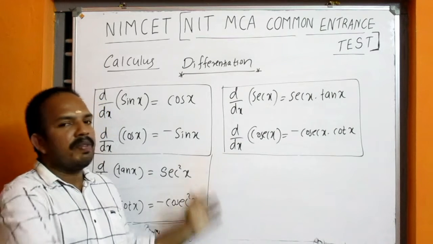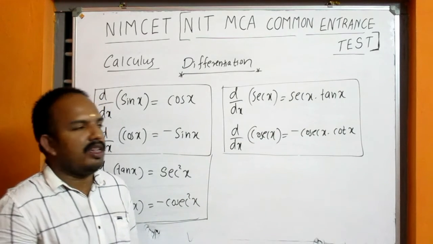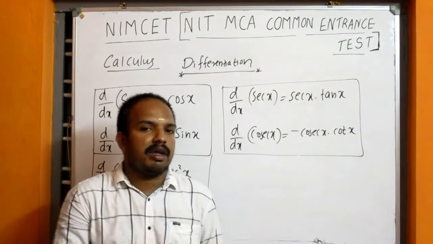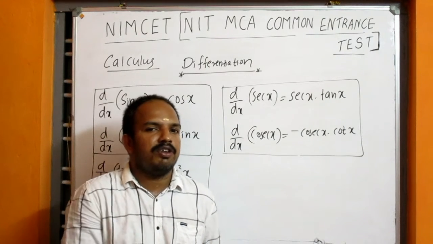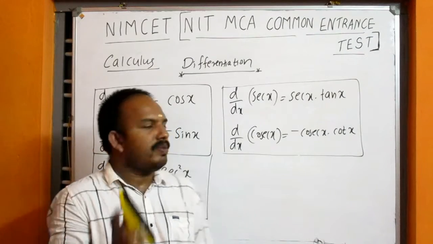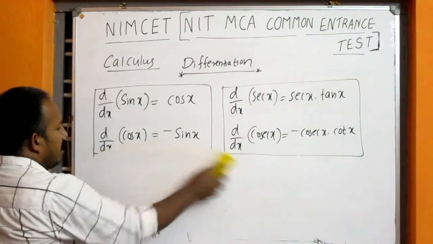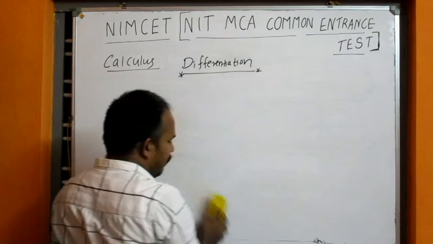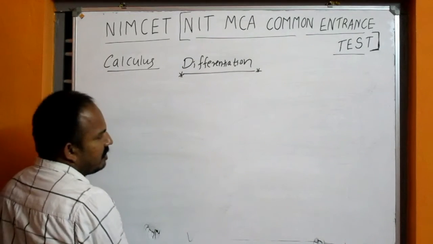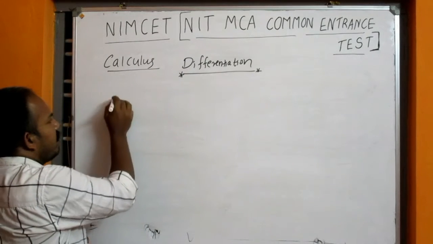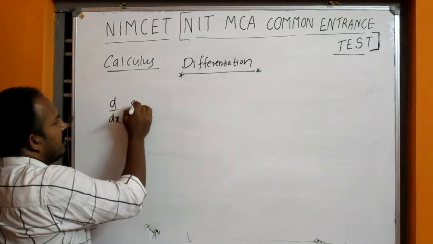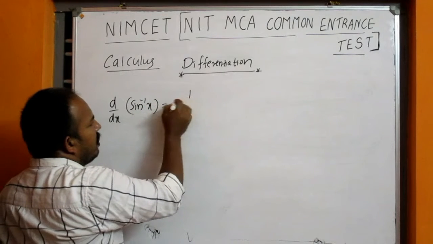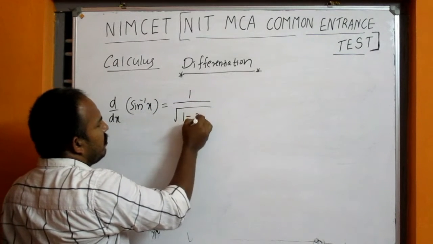Okay, and also there is inverse trigonometry functions. First just write the formulas. After that, we are going to the problems of differentiation. So this time writing the differentiation of inverse trigonometry functions. d by dx of sin inverse x equal to 1 by root of 1 minus x square.